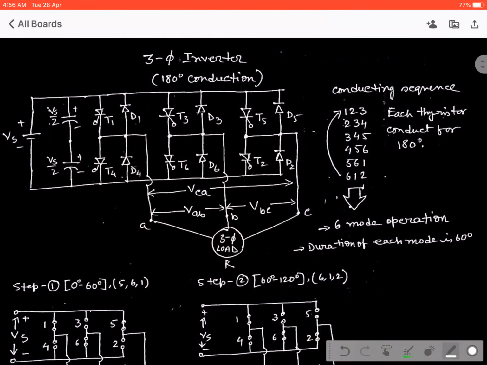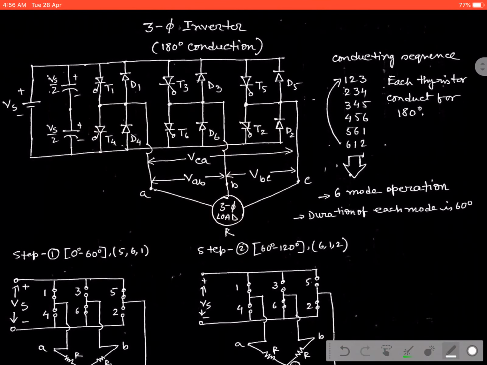So first, let us go to the circuit diagram. This is the circuit diagram, which comprises 6 switches T1, T2, T3, T4, T5, T6 and 6 diodes D1, D2, D3, D4, D5 and D6 connected back to back to the switches respectively.